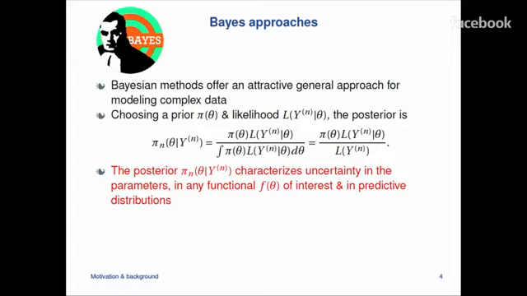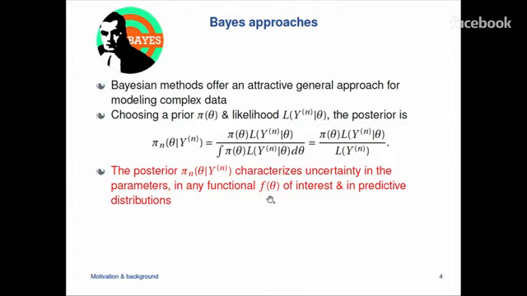The posterior is really nice in characterizing uncertainty in the parameters, and also in any functional of interest, because we might not be interested directly in these parameters theta. These are just parameters that are convenient to specify our likelihood function. We might have a model like a generative deep neural network with a lot of uninterpretable parameters, but we might be interested in some function of the parameters, for example the mean output or some percentile of an output given an input.